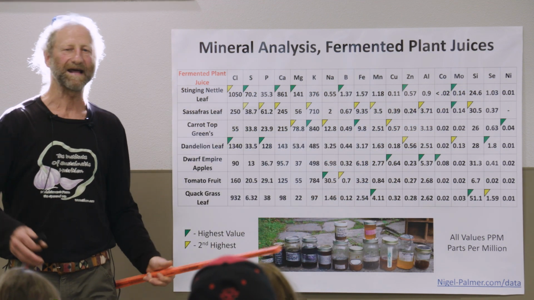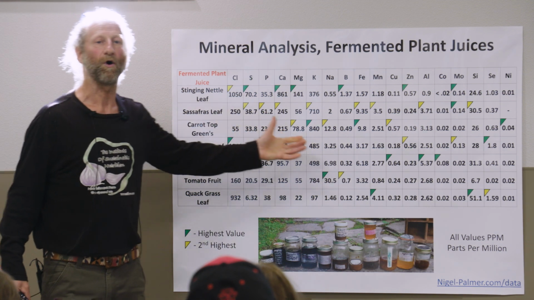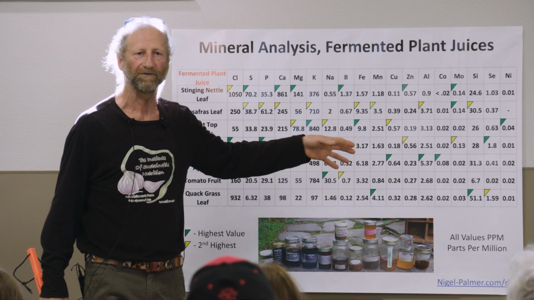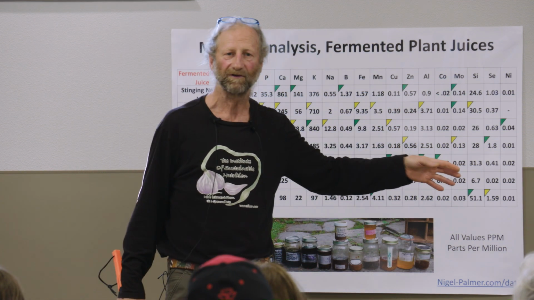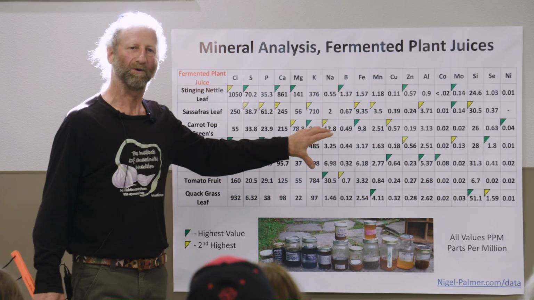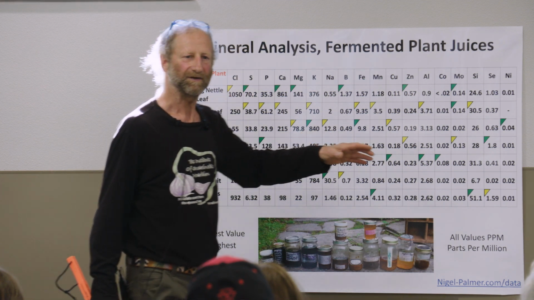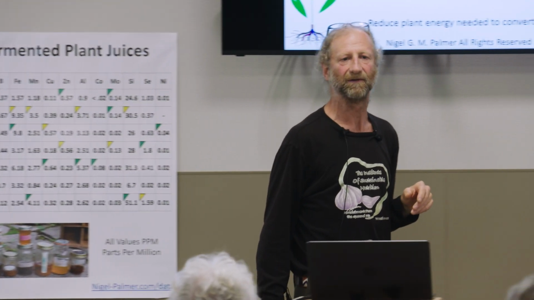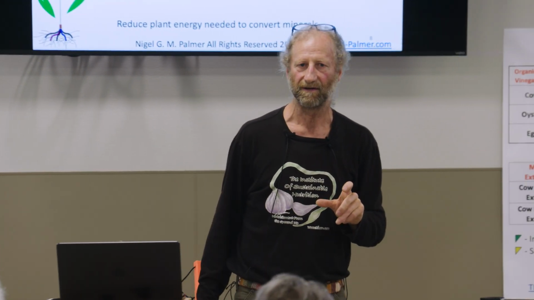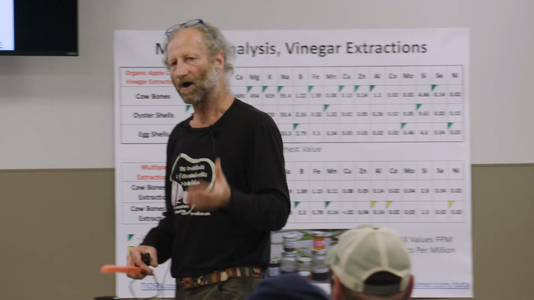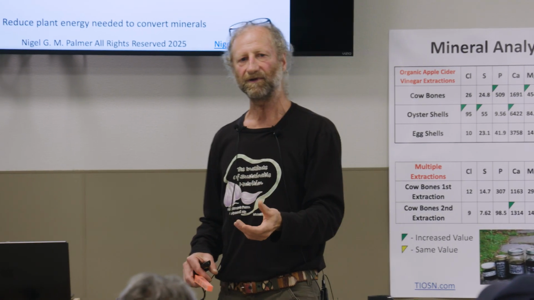And when I did the analysis of this, I found that they're all there. All of those minerals that I could barely pronounce, they were all there. And they're in plant proportions. So I suddenly realized, ding, that's why I eat that apple, because all the minerals are in it. And that's why I can make these very simple products and know that all of those trace minerals are in there.